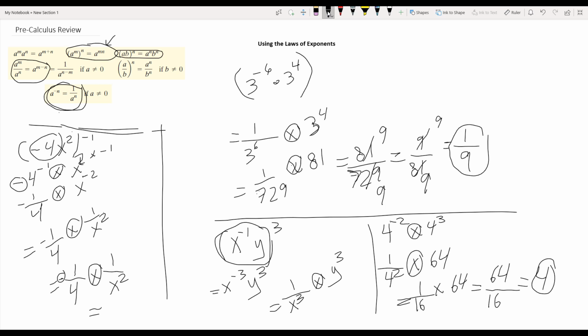So that is, let me simplify it a little bit more, it will be negative 1 over 4x squared. And that is our answer.